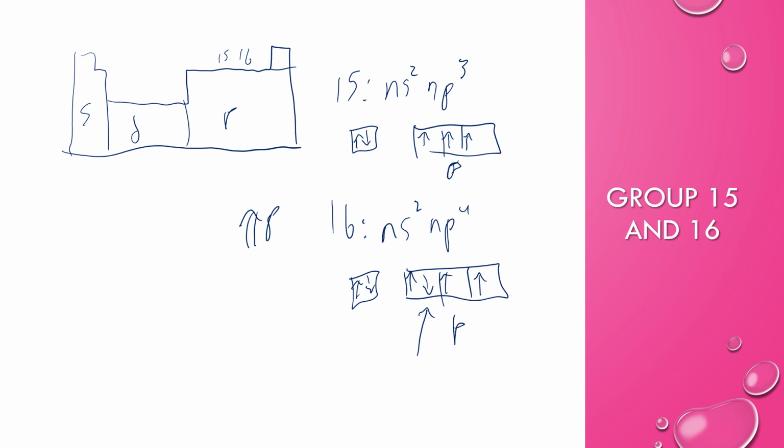So there's greater repulsion between the 2 electrons in that same orbital. So it winds up being a little easier to remove this electron compared to the last electron in the group 15 elements. That, again, is a little different from what you would expect based on the trend.